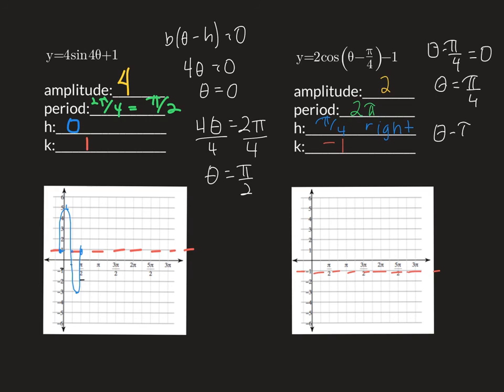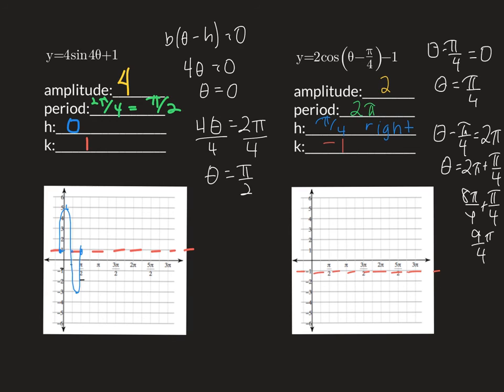So theta minus pi over 4 equals 2 pi, means that my ending point is when I take 2 pi and add pi over 4. Well, again, I've got to add my fractions. So 8 pi over 4 plus pi over 4. My ending point is going to be at 9 pi over 4.